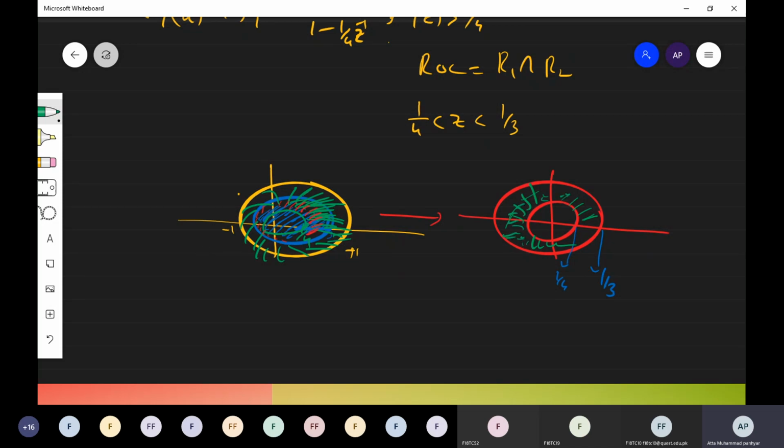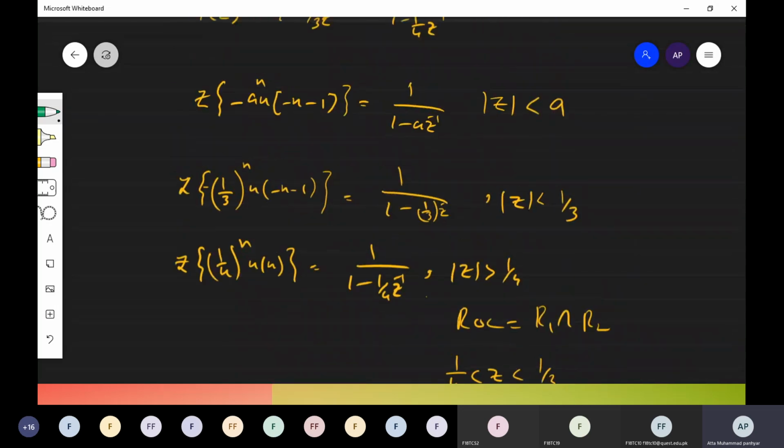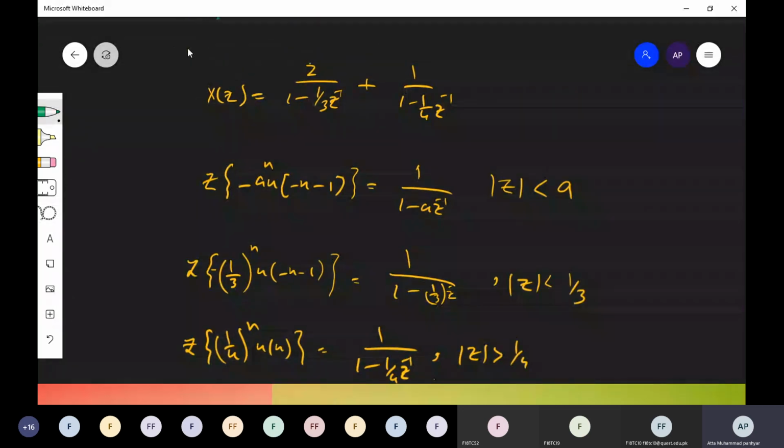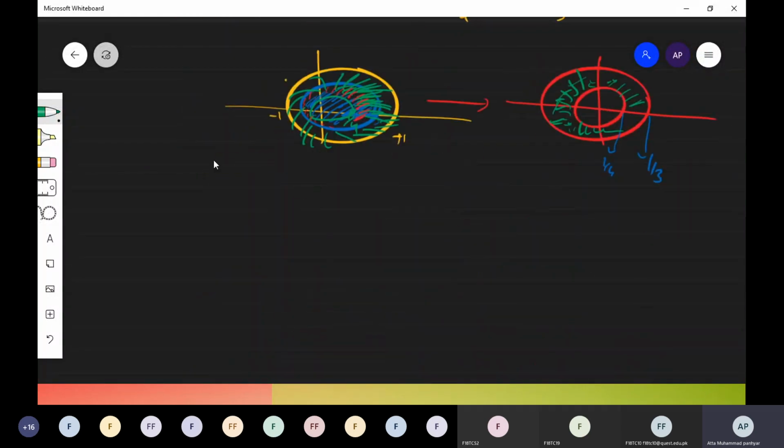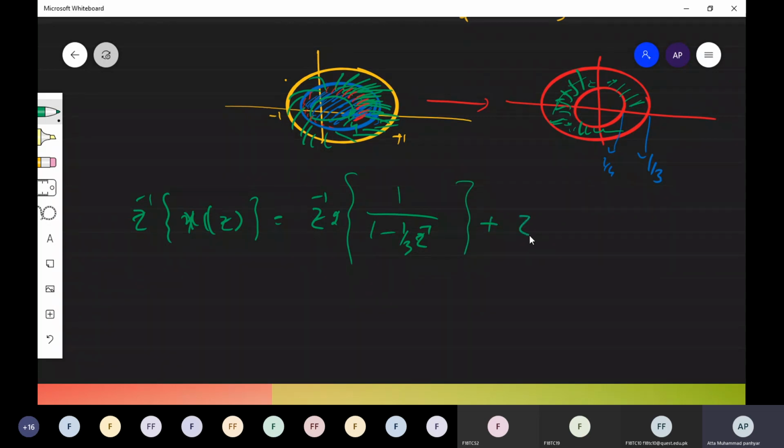So what about now the inverse of this transform, this signal? What about the inverse, right? So if we take the inverse z transform on both sides, of X(z), I take 2 common: 1 upon 1 minus 1/3 z^-1 plus the inverse z transform of 1 upon 1 minus 1/4 z^-1.